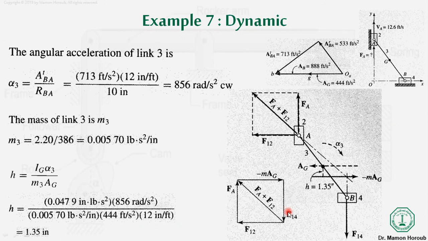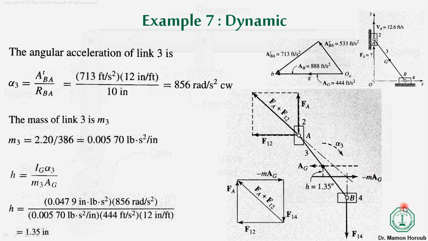So you can see over here, in order to find FA, you should know F14, and then F14 you can find once you solve this force triangle. But keep in mind, whenever you are solving any force triangle, you need to have a scale. Over here the known force is m·ag.